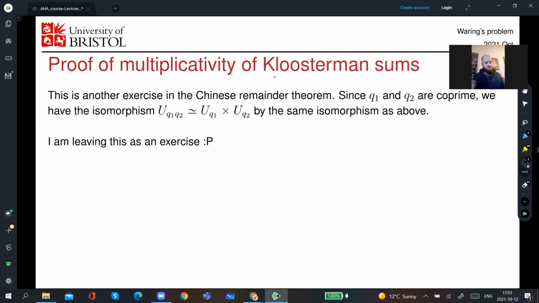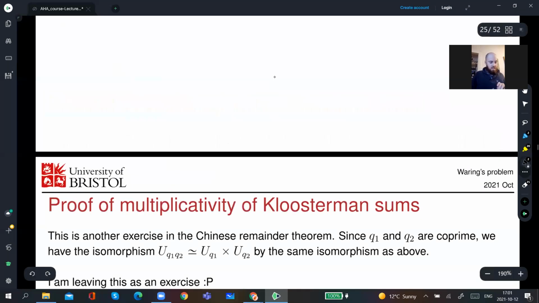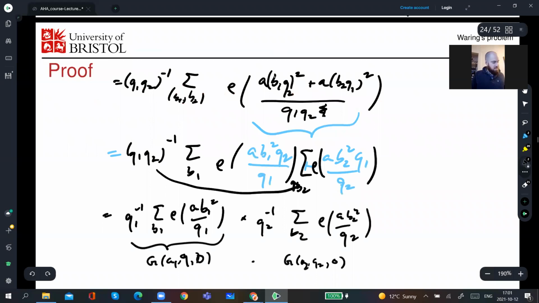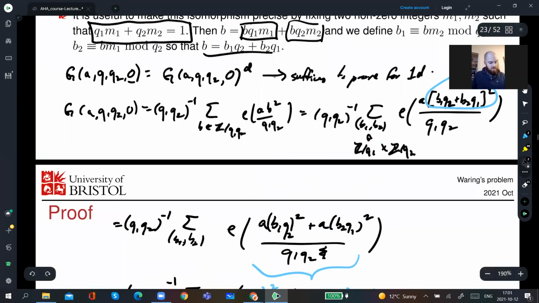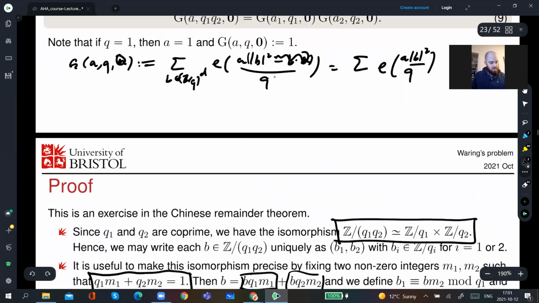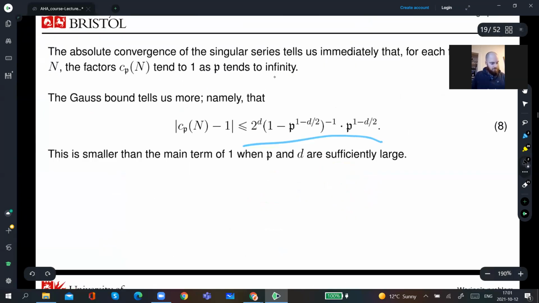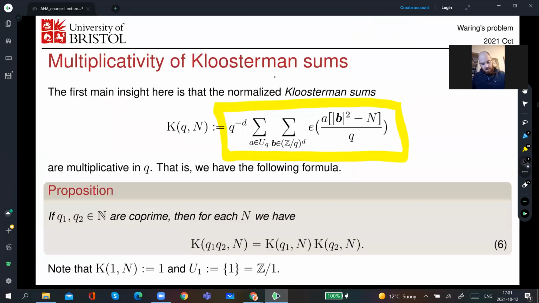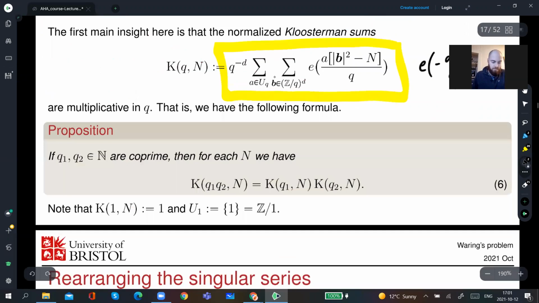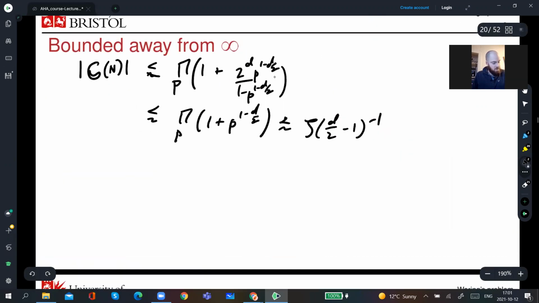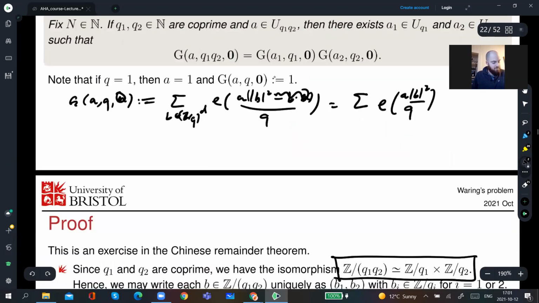And now you just use that combined with the multiplicativity of Gauss sums and the complete multiplicativity of characters E of minus A n over Q. It's completely multiplicative. It's a good exercise to make sure you're happy with the multiplicativity of Gauss sums.